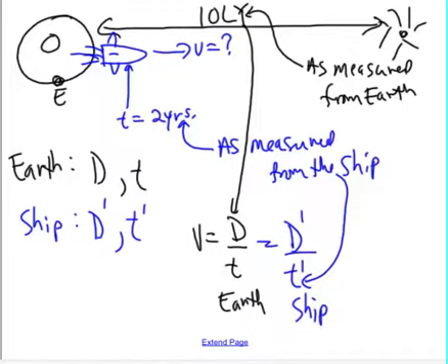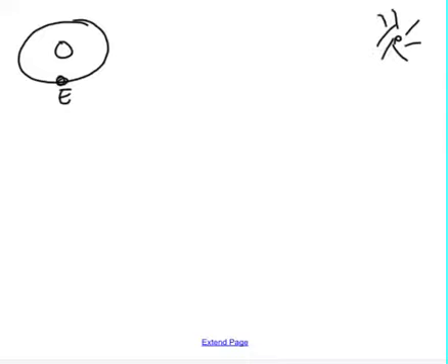Now, in order to use that, I have to figure out which one of those is the proper distance. So we'll redraw the diagram and see if I can figure out which one of these, I'll use black again. Which one of those is the proper distance? So there's the Earth, here's my distant star.